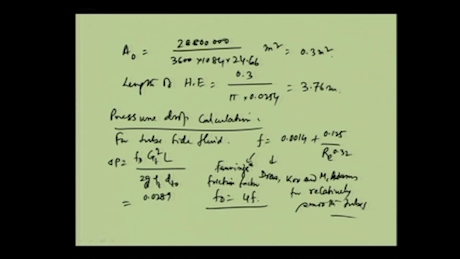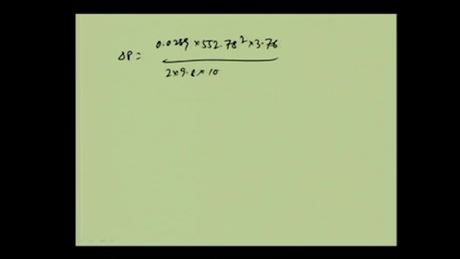So FD, Darcy's friction factor, is 4 into F, Fanning's friction factor. So if we put these values here, 552.78 square. So if I do in the next page, delta P here is 0.0289 into 552.78 square into 3.78 length of the heat exchanger by 2 into 9.8 into 1000, the density of water approximately, into 0.0254.